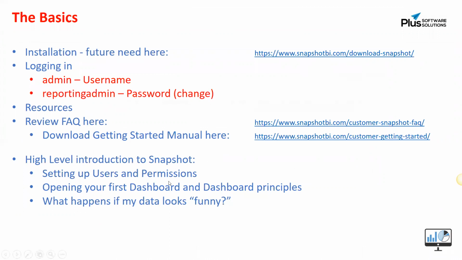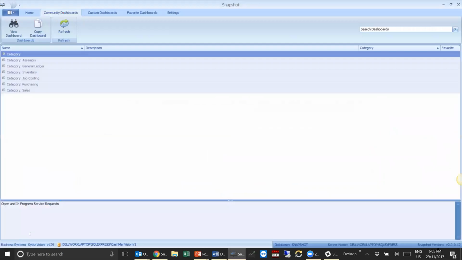Cool. Okay, so what I would do with all of our customers is the very first step on Snapshot, of course, is give you a quick high-level view of Snapshot. What you're looking at here, Adam, is all the dashboards that are instantly available to you right now using, listen to me, Sage Evolution. These are underneath something called community dashboards, so you have a batch.